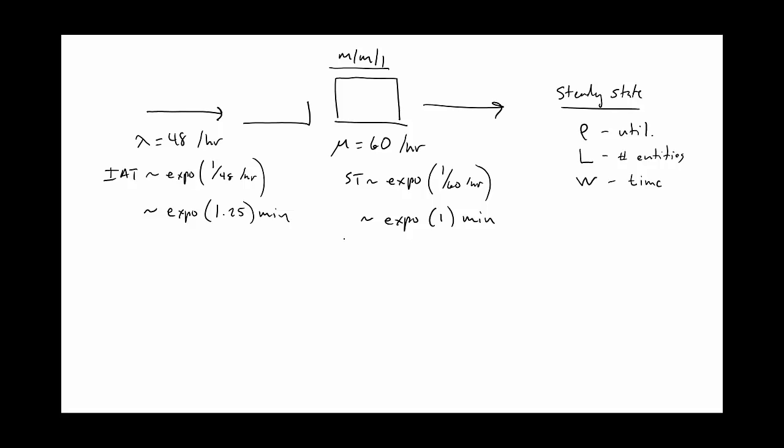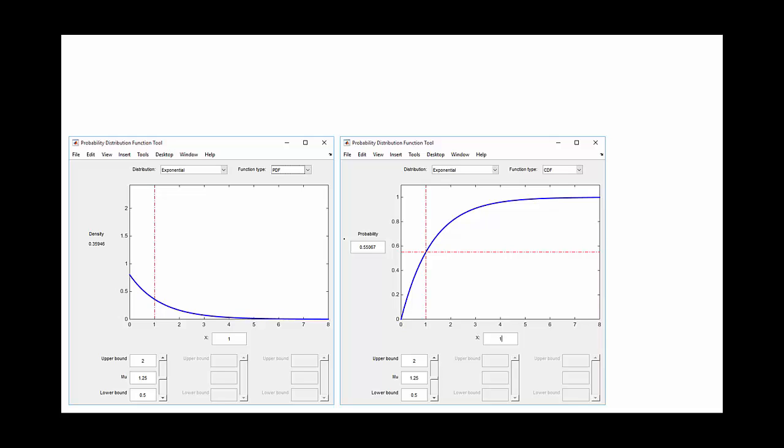And so let's look at what this means. I've pulled, using the MATLAB dist tool, the probability density function and the cumulative distribution function for the exponential distribution. In this case, I'm using the inter-arrival time distribution, so a mean of 1.25 minutes.